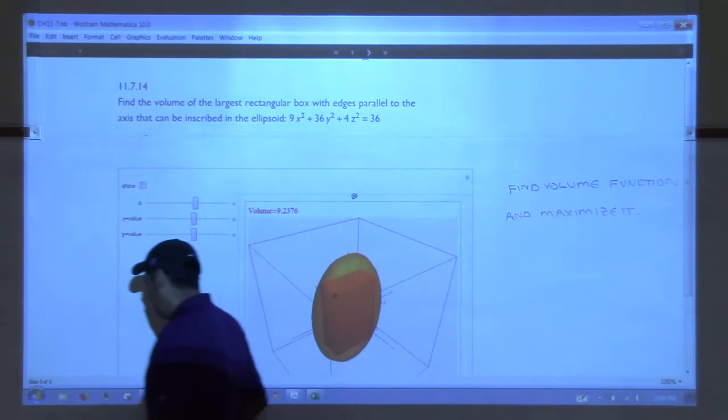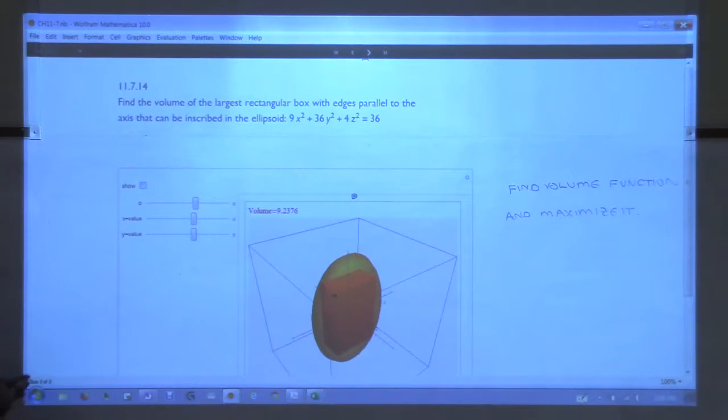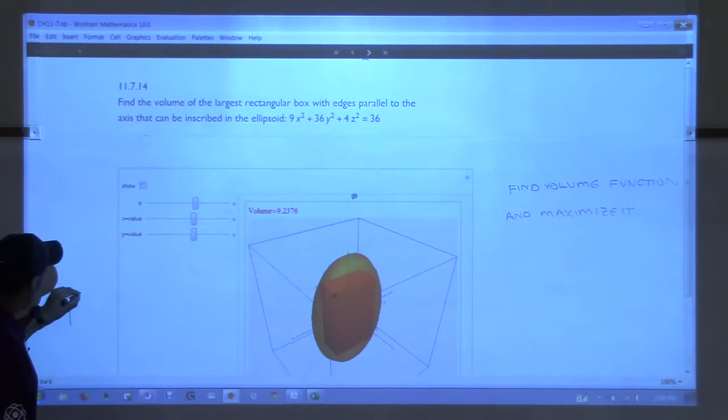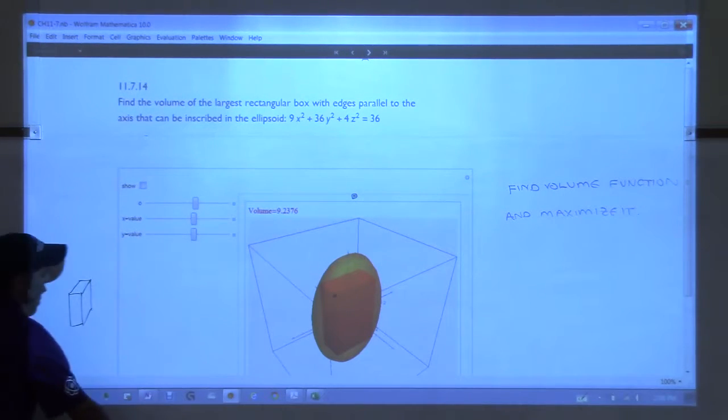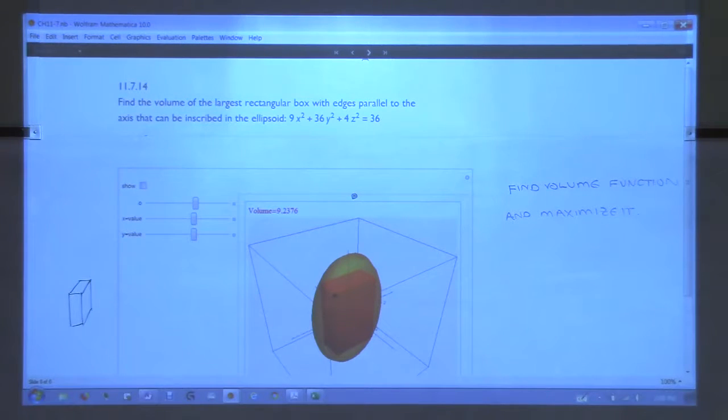So how are we going to get the volume of this box? How do we get the volume of this box? Well, what is the volume of any box? Like if we have some sort of 3-dimensional box like that, what's the volume of any box like that? Length times width times height, right?